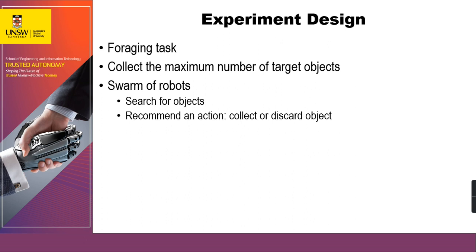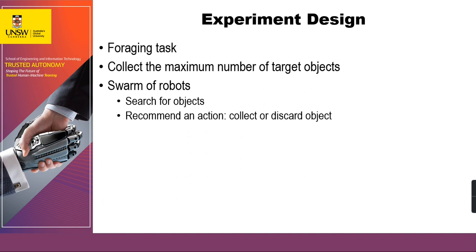Then a voting mechanism is used to aggregate swarm opinions and make a recommendation to the human supervisor. The human can directly accept the swarm's recommendation so that the swarm can execute the corresponding action, that is, collect the object if it's classified as target or otherwise leave it.